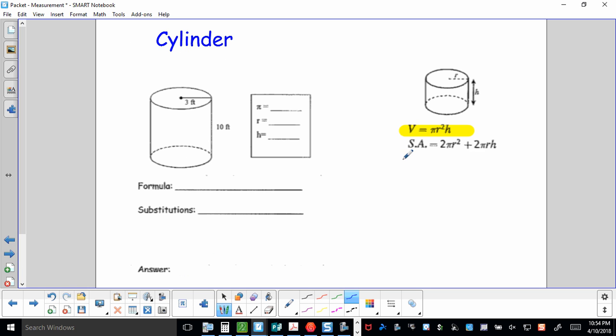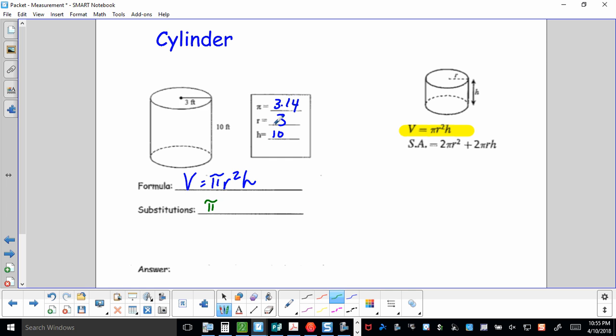We have a cylinder. The volume for a cylinder is the area of the base, pi r squared, times the height. Well, pi is 3.14. The radius is 3, and the height is 10. So let's substitute that in.